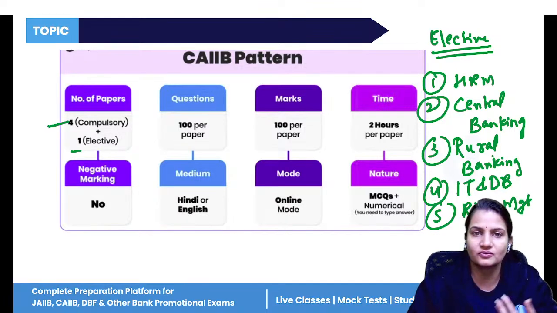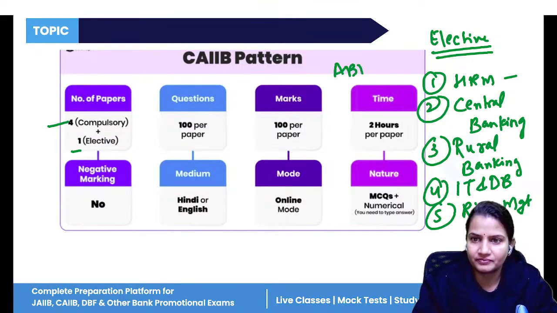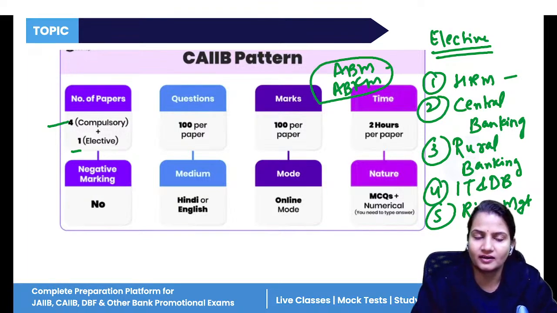If you have difficulty with numerical type papers, then you can choose HRM. It is entirely a theoretical paper, and most of the concepts you will see in ABM and ABFM also, so in these papers the syllabus would match.